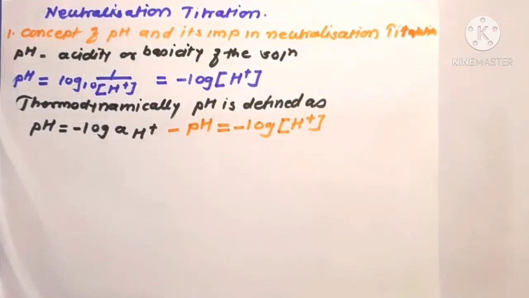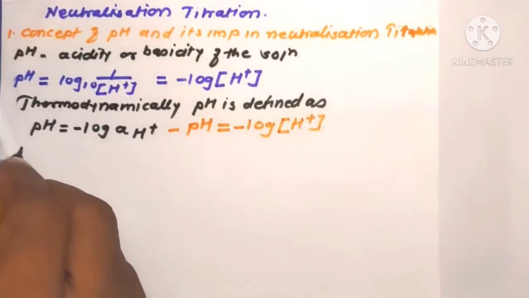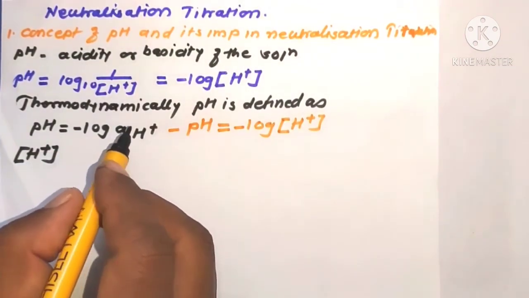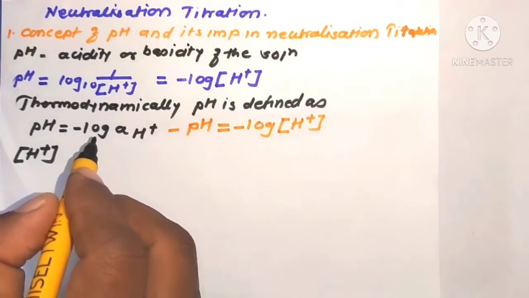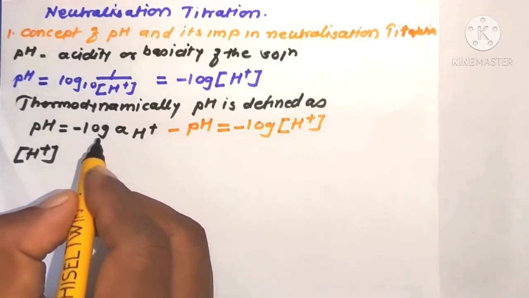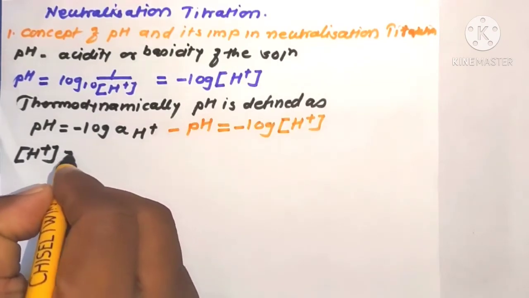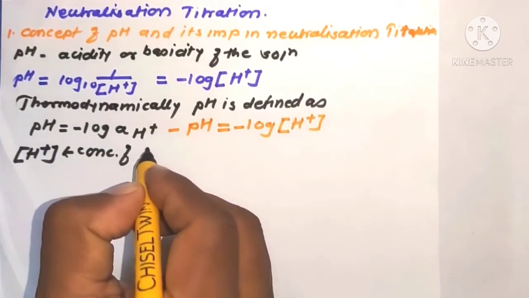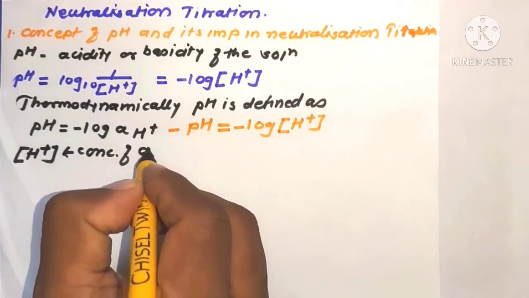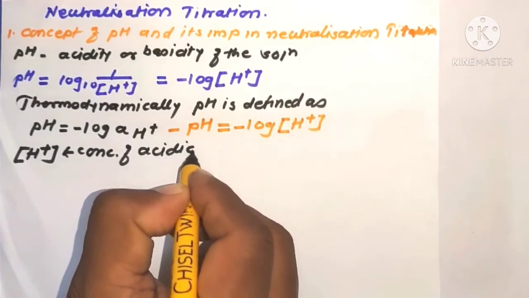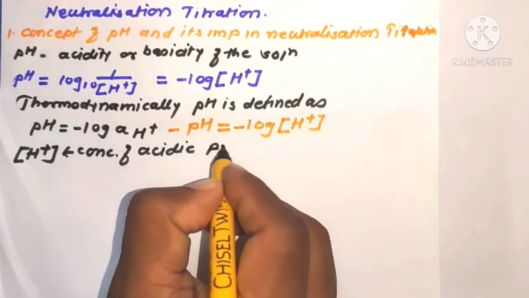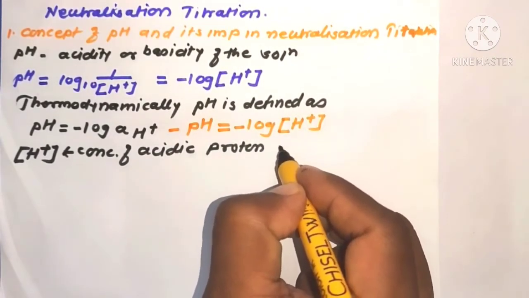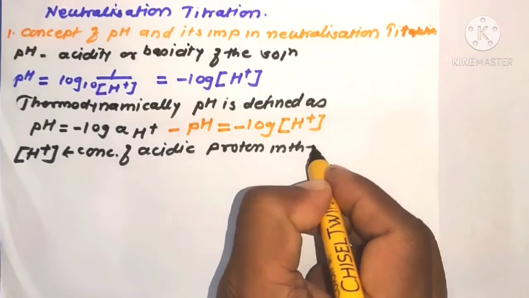Here the concentration of H plus ion indicates the concentration of acidic proton present in the solution.